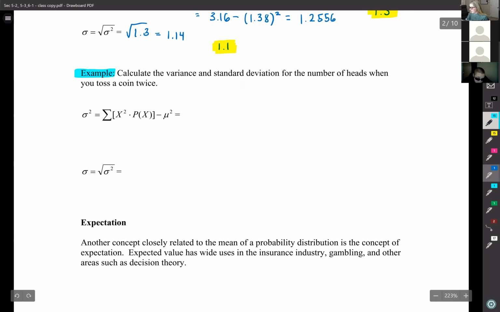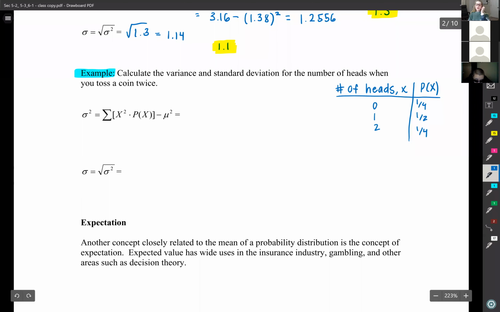So in case you need a quick reminder, this is our probability distribution. So go ahead and try calculating the variance and standard deviation, and then, per usual, private chat me when you get those answers, and then we'll go over them.